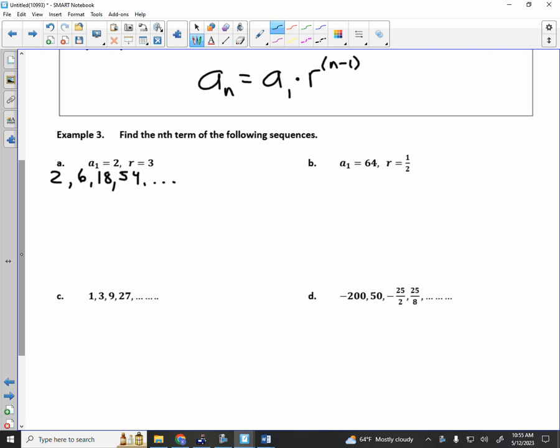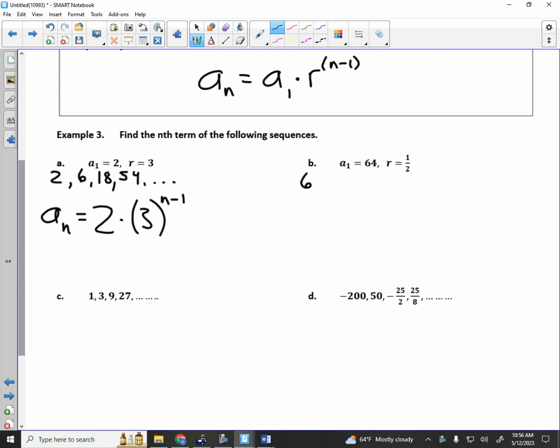So a sub n is equal to the first term, which is 2, times the ratio, which is 3 raised to the n minus 1 power. That's it. That's how easily you can write a rule for that sequence.